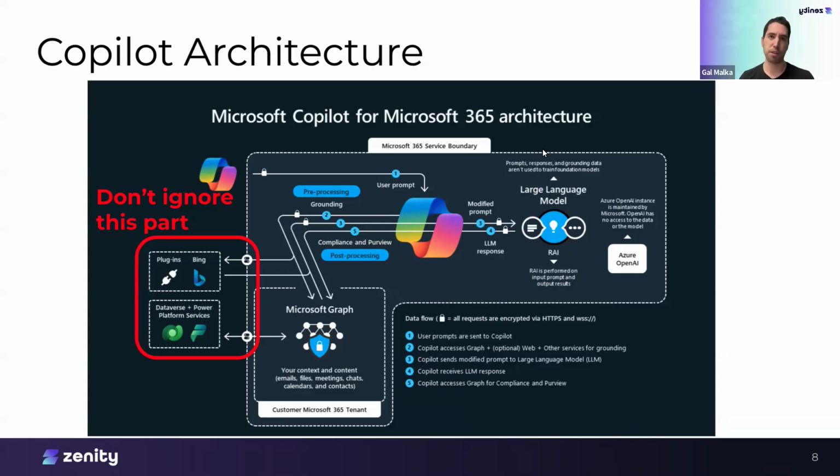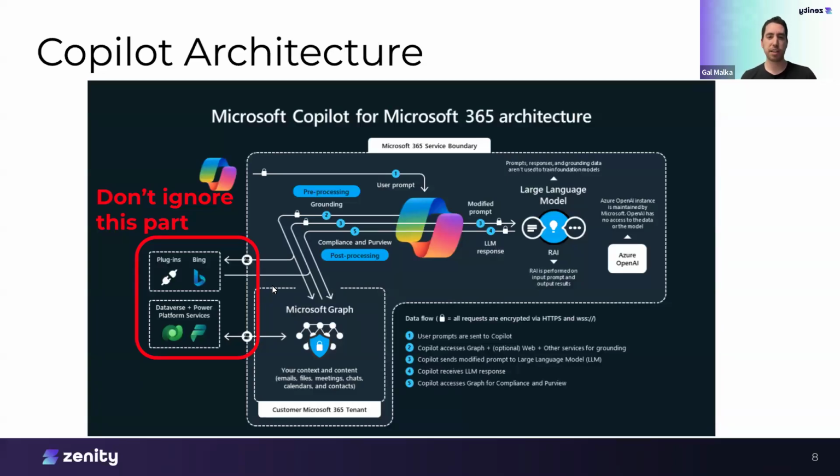Microsoft and other players understand that companies work with multiple vendors and tools and data sources, and to really boost the productivity of Copilot, they need to be able to extend its capabilities to other tools. So Microsoft, for example, offers a lot of ways to enhance Copilot.